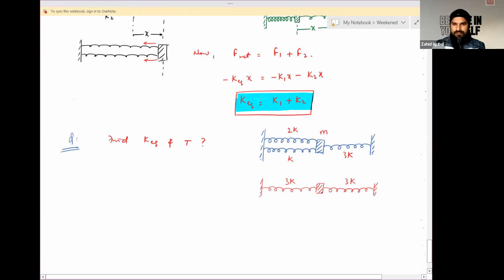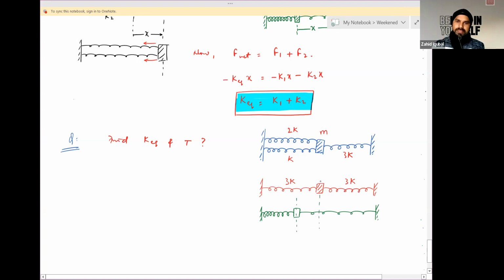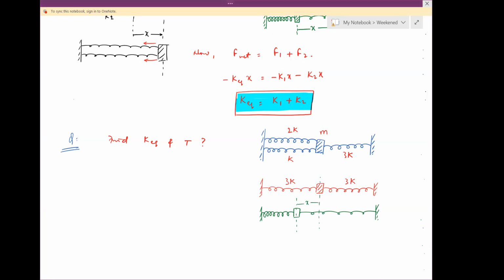Suppose if you displace this particular block towards any one side, let's say I'm displacing towards left. So this spring will get compressed and this spring will get elongated. Is it clear, Matthew? So displacement for both these two springs will be same or different? It'll be different because one is stretched.